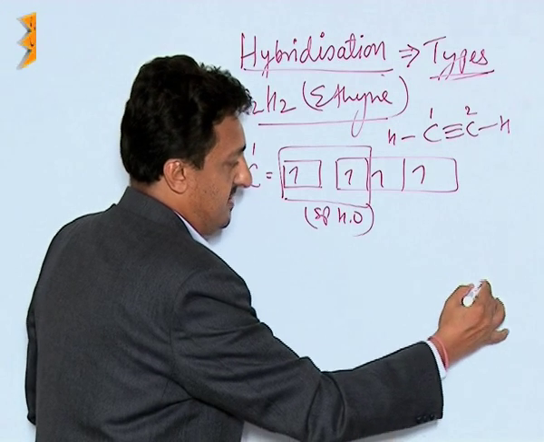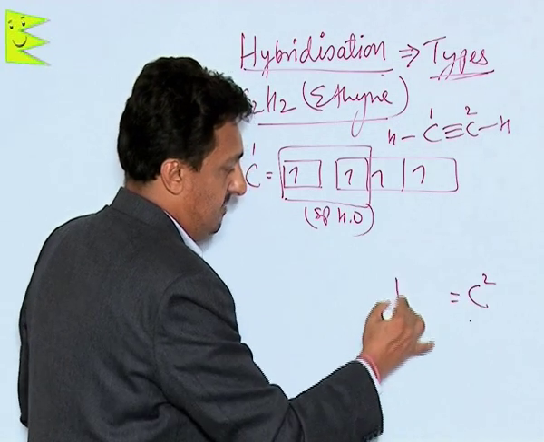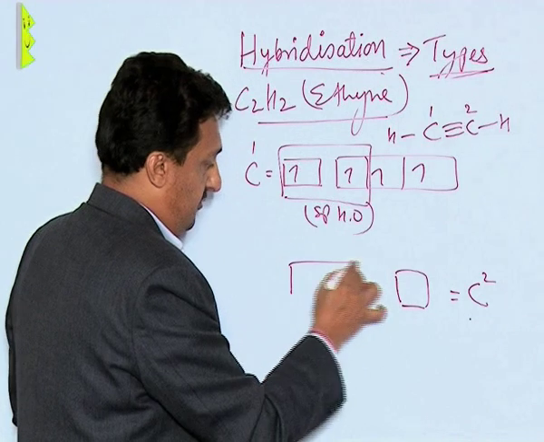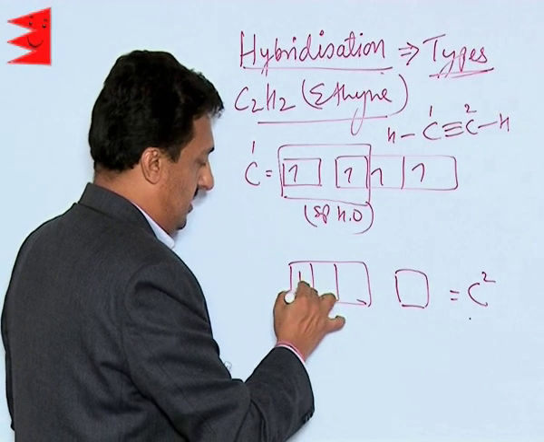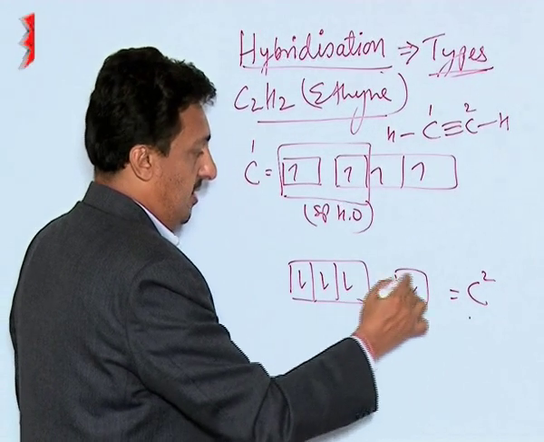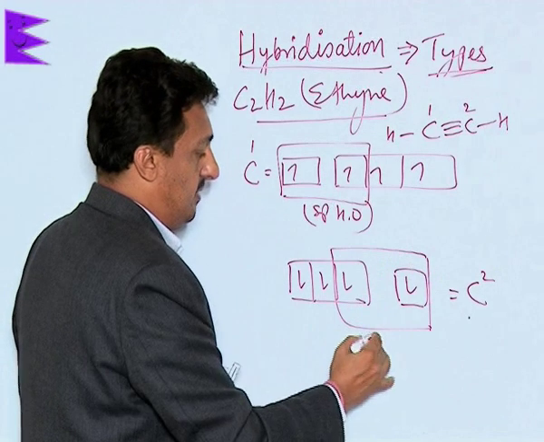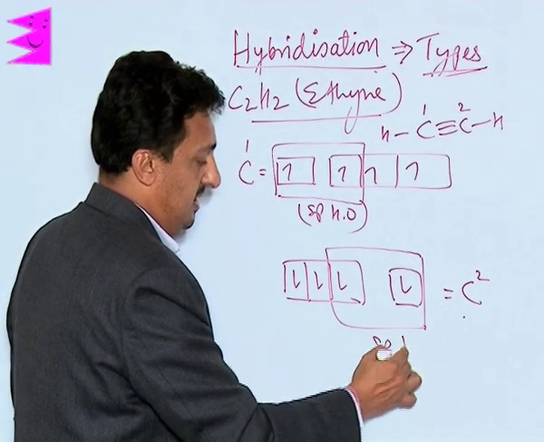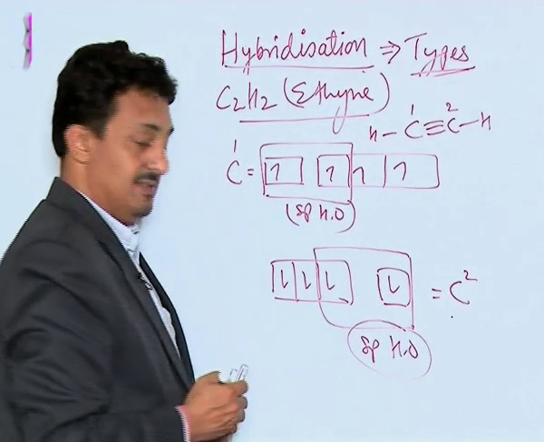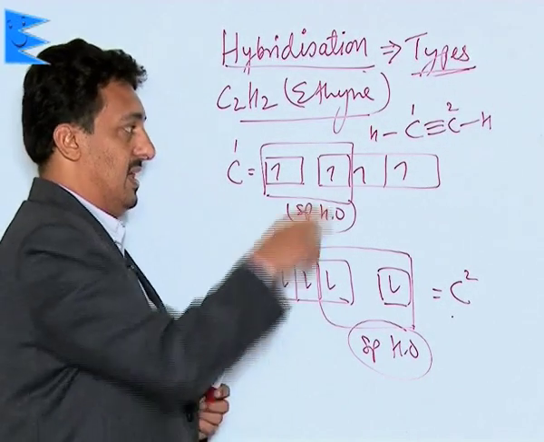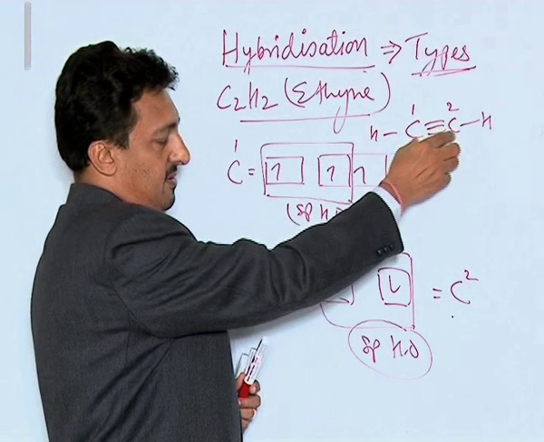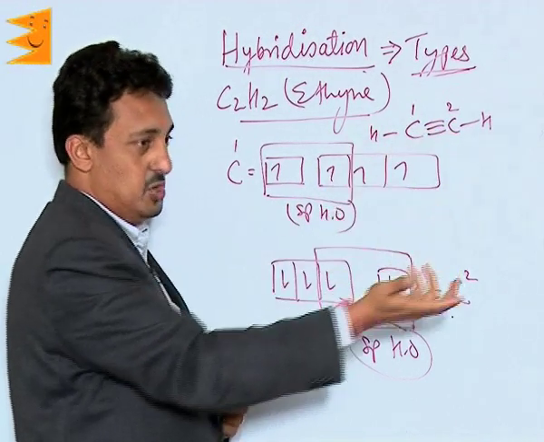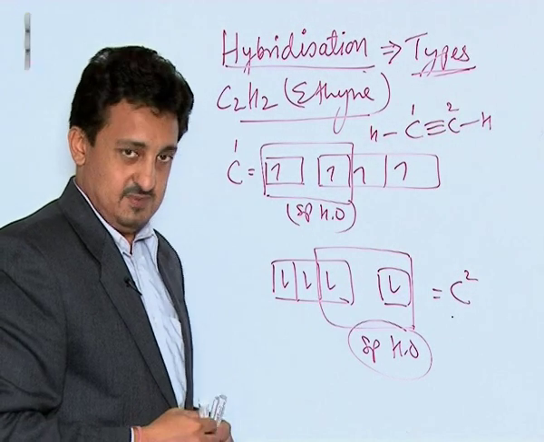It will be similar in the case of the second carbon atom. Though all 4 electrons will be unpaired, only 2 of the atomic orbitals will overlap to form sp hybrid orbitals, because each carbon of this molecule is bonded to 2 other atoms.